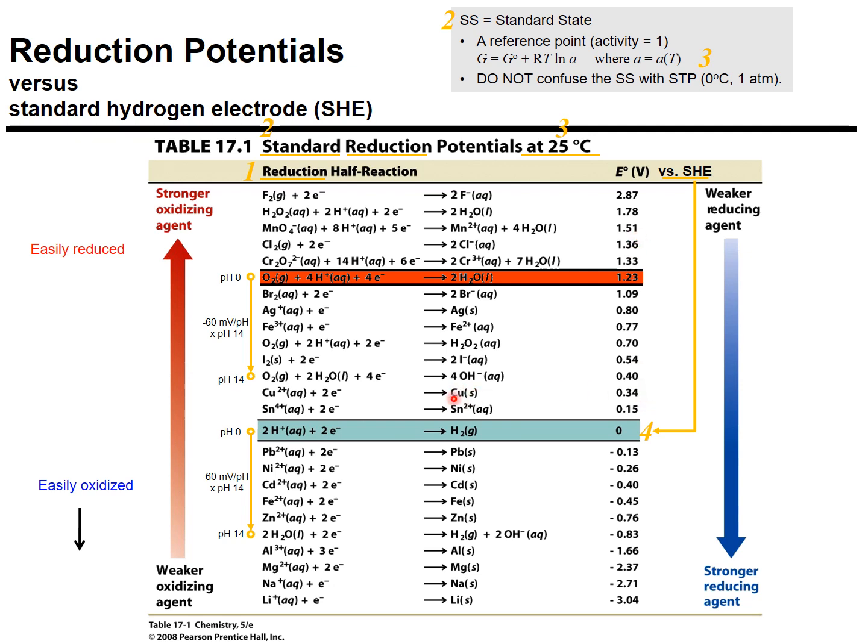Here is an example. Copper 2 plus plus 2 electrons going to copper. Definitely this is the reduction, and its reduction potential was obtained at plus 0.34 volt. This value is about the reduction, not the oxidation, by definition.